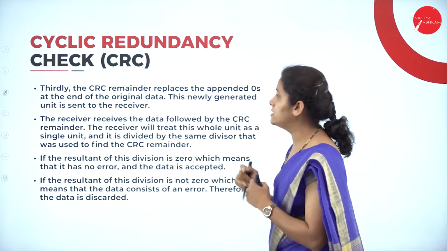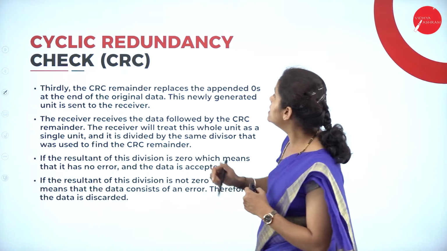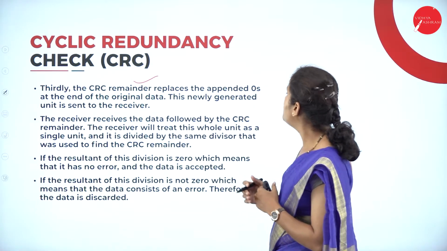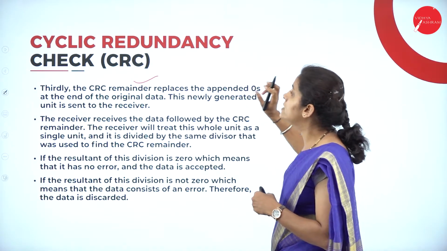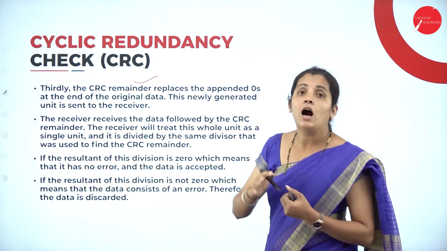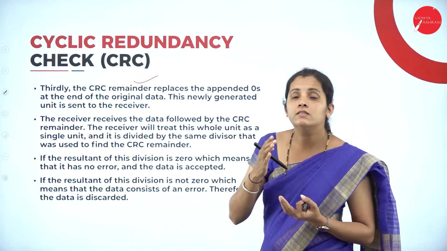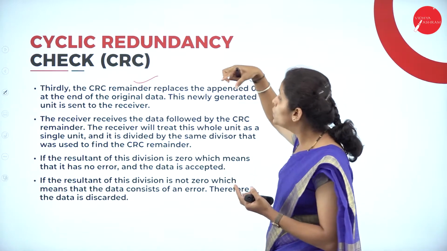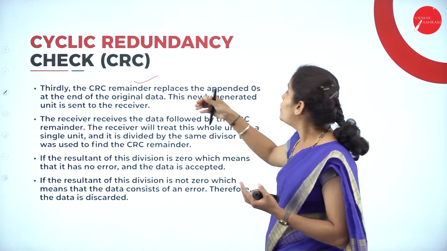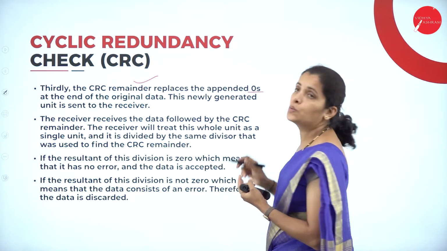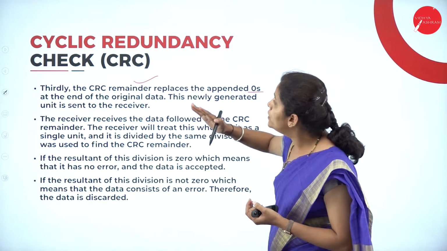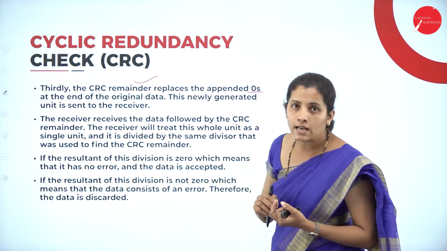What is the third step? The CRC remainder replaces the appended zeros at the end. That means after calculating the CRC value, you replace the appended zeros with the newly calculated CRC value.